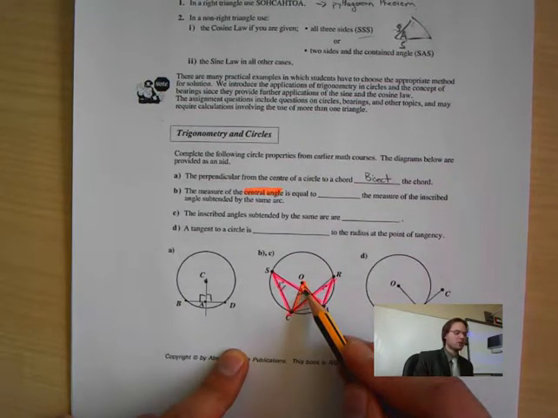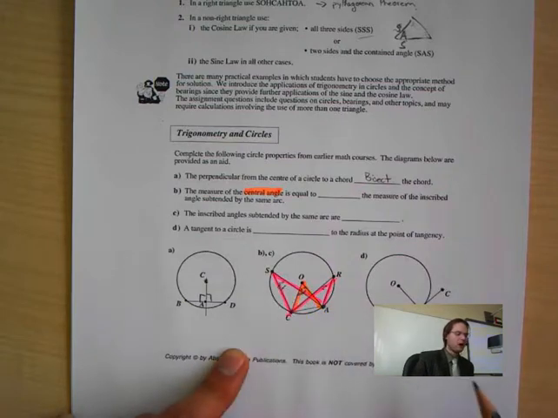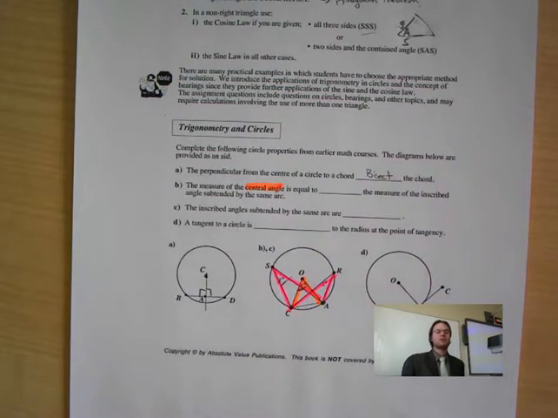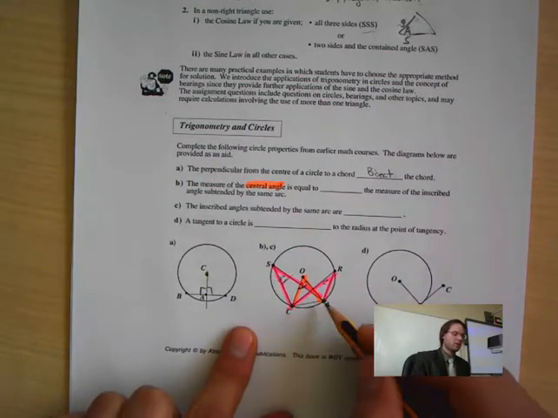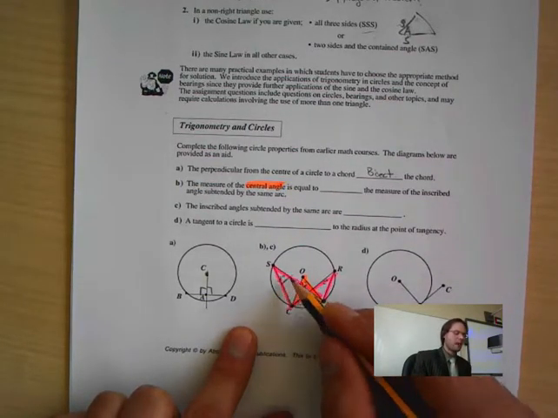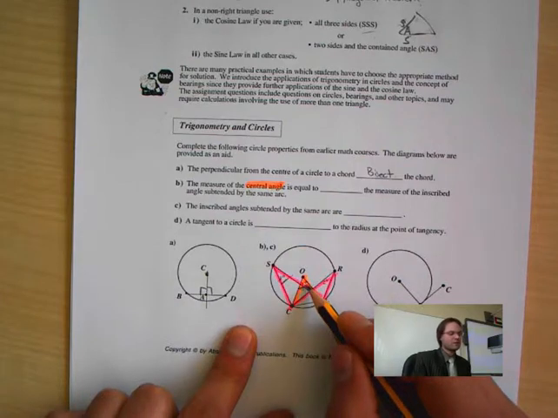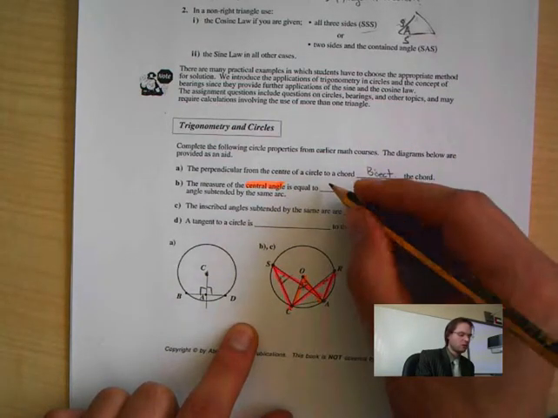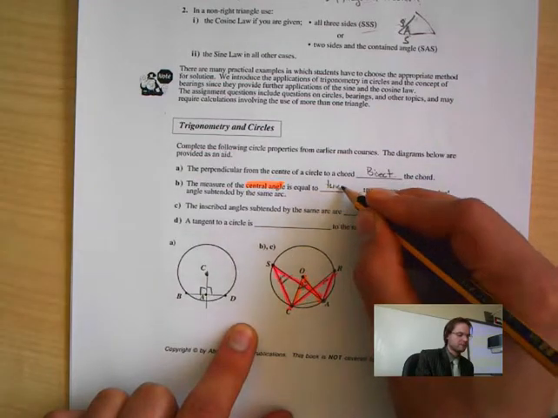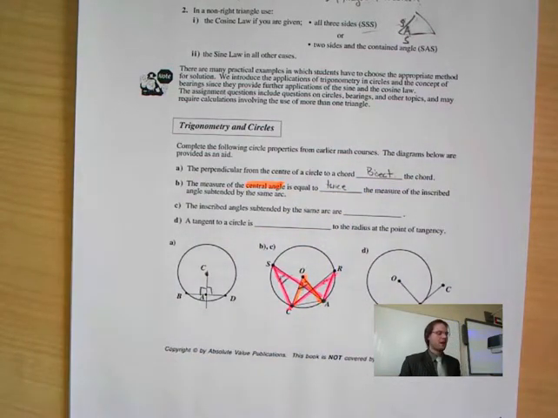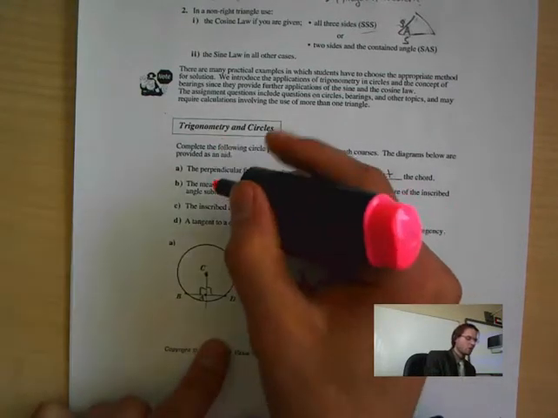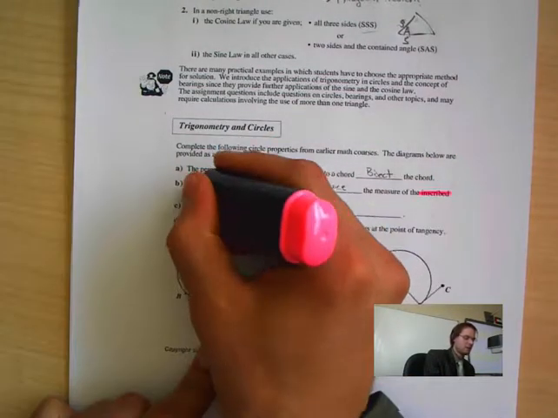So this one here is always double angle y, or angle y is always half of the central angle. So the central angle is twice the measure of the inscribed angle, and the inscribed angle we highlighted in pink.